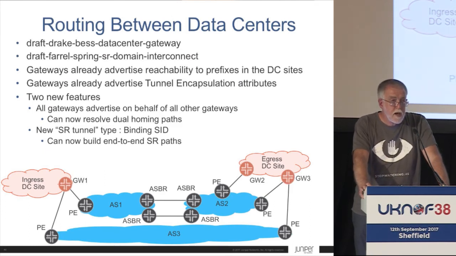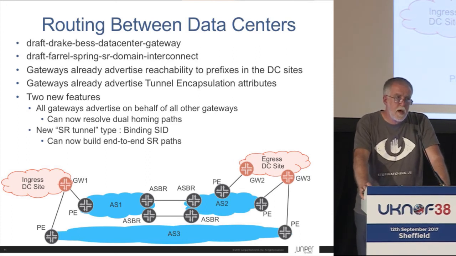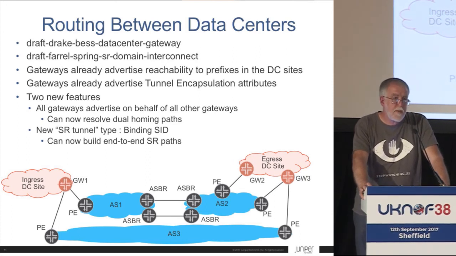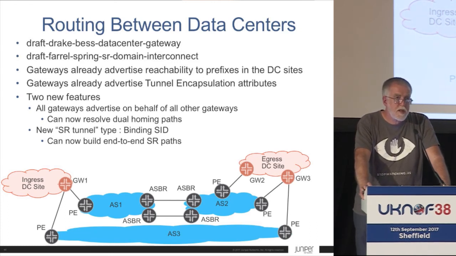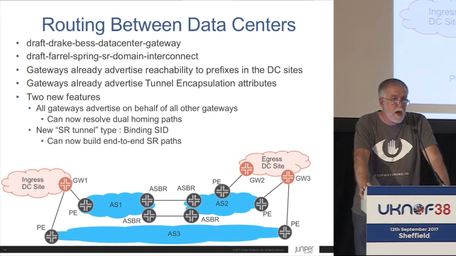An interesting thing develops that if you want to do end-to-end routing, you really would like to be able to see a path right the way across maybe multi-homed networks. And so assign binding SIDs to tunnels across those networks and discover how the end sites are homed.